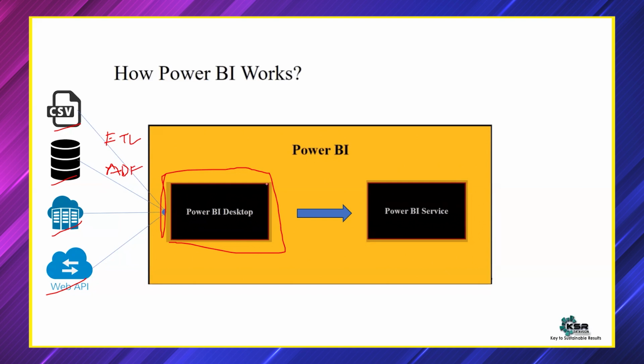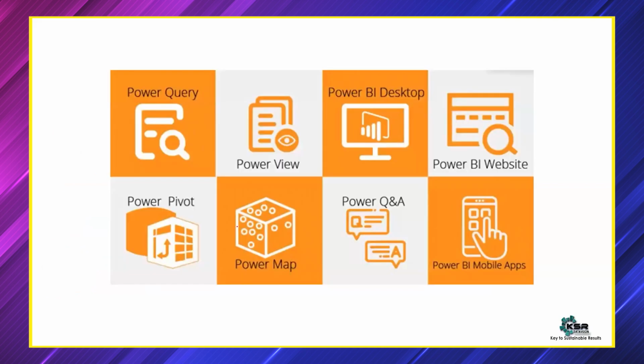Once you get the data to the Power BI Desktop, you have to make sure you are understanding that data, creating a modeling of data, and then you are going with the reporting, visualization. Once that is done, if you want to share that, you have to use a Power BI service. These are two main entities of Power BI. Now within Power BI Desktop, you have these many products, or you have these many options available.